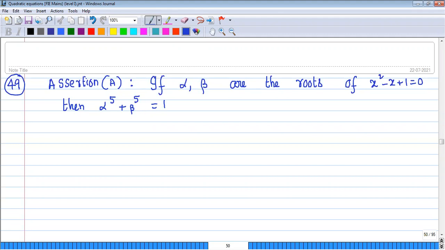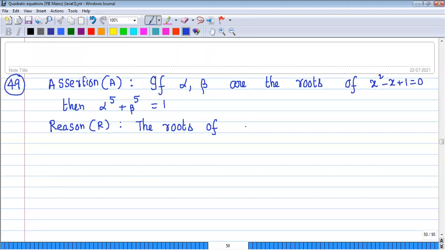We need to check the falsity and truthfulness of this statement. Reason: reason means whether this reason will explain the statement or not. That we need to check. These questions are called assertion and reason type questions.